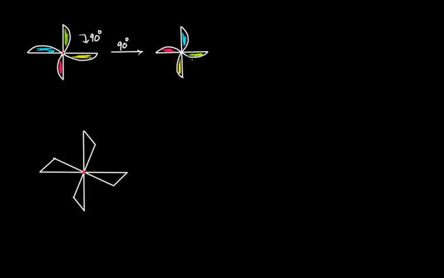Okay, now is this figure exactly the same as this one? Yes, it is exactly the same. Don't go on colors, just look at the shape. So at 90 degrees, you have a rotational symmetry. Then again, you rotate it by 90 degrees further, so again you get something like this.